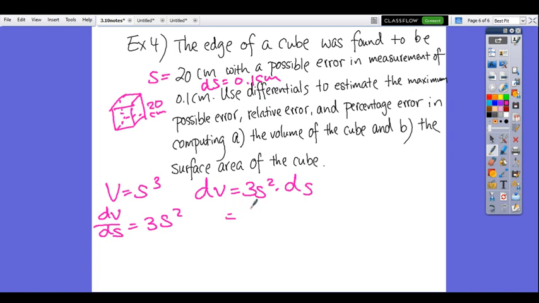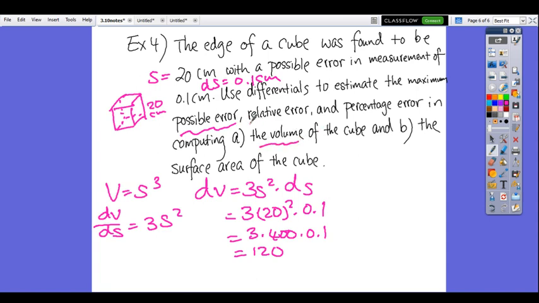By plugging in numbers, we get 3 times 20 squared times ds, which is 0.1. 20 squared is 400, times 0.1 is 40, and 40 times 3 is 120. So that's considered dV, and that's the possible error in the volume.